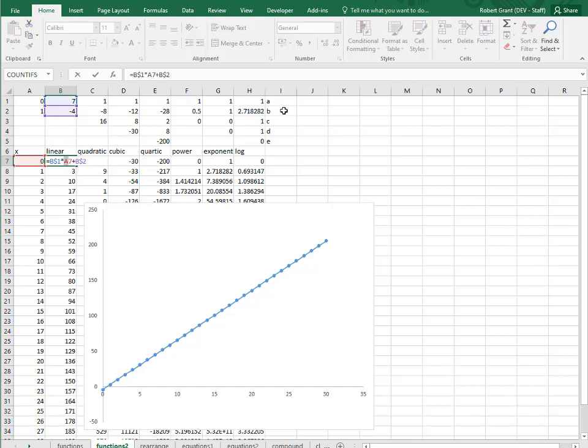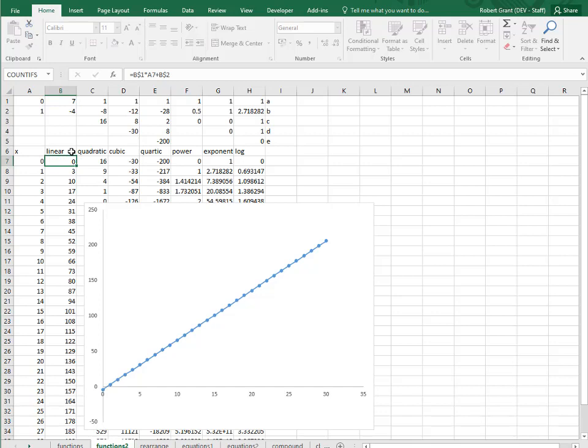So this is the coefficient of x, and this is the constant. Is that really the case? No, it's not. 7 is the coefficient of x. This is the constant.